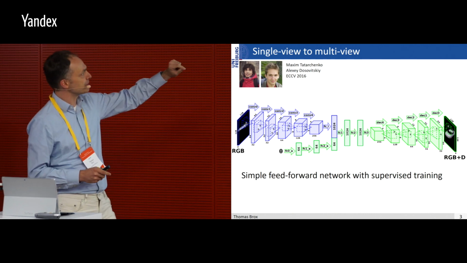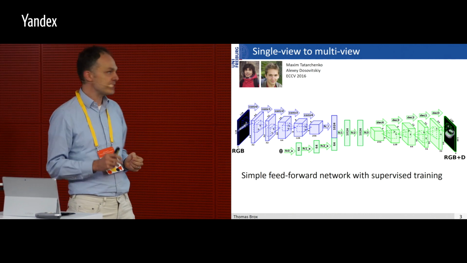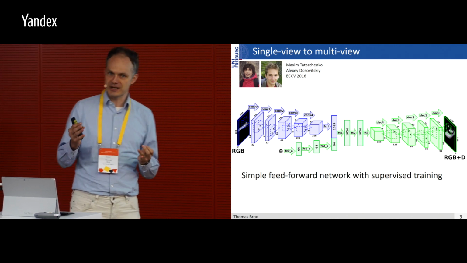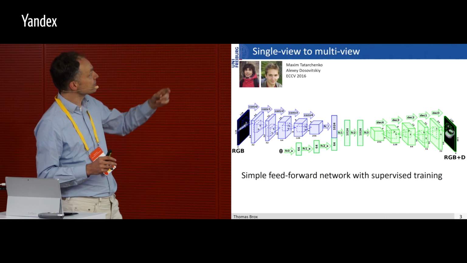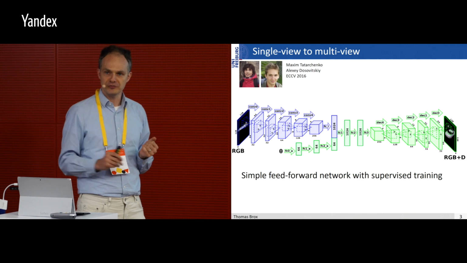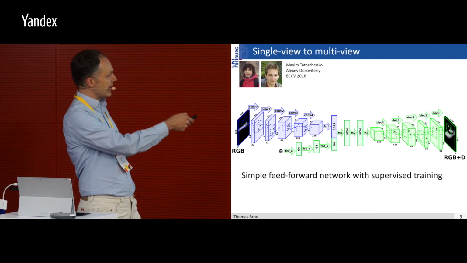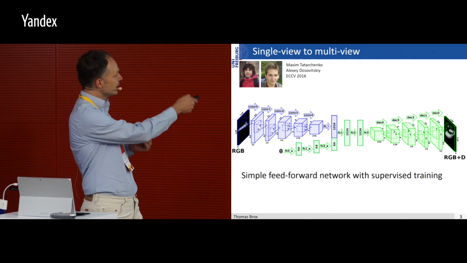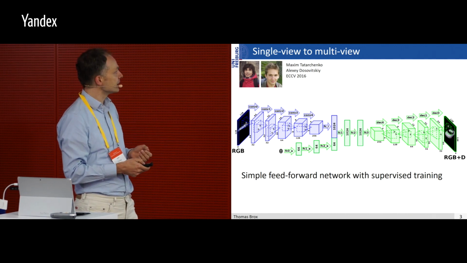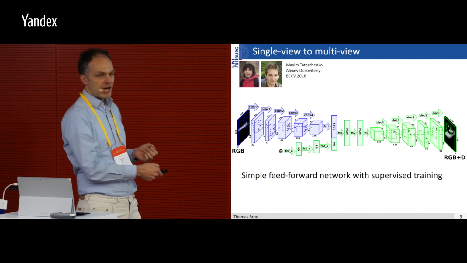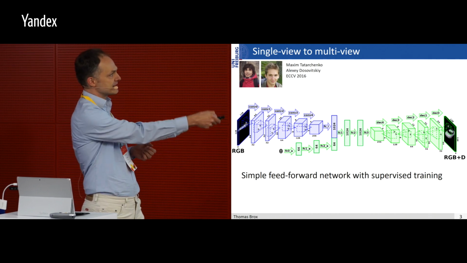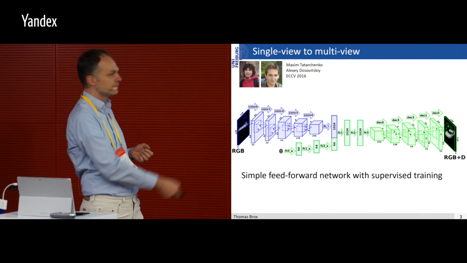We'll actually start with a network that does not give you 3D shape yet, but gets some understanding of 3D shape by being trained on the task to take a single view as input and produce any other view of the object. So you see here it's a typical encoder-decoder network. It sees a test image, one view of a certain object, and it is supposed to produce another view of the same object as output, and maybe also the depth map of that.